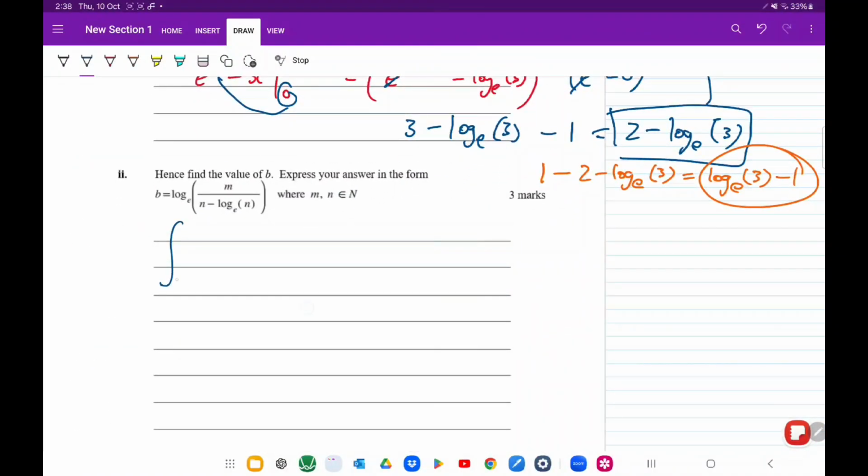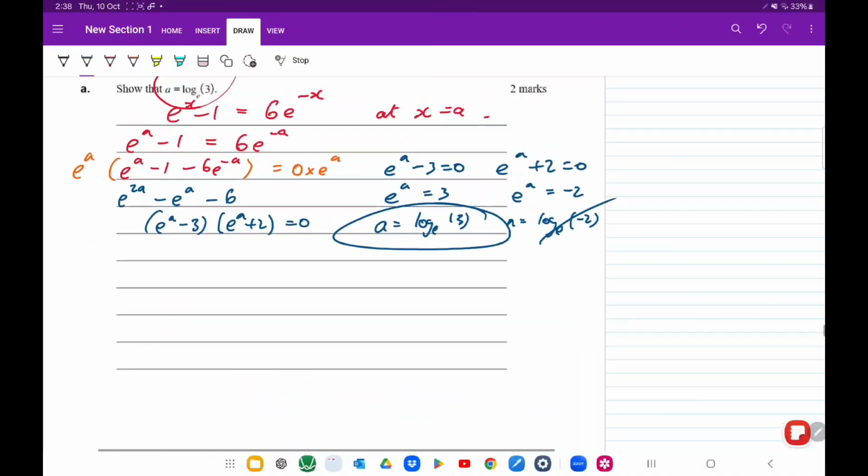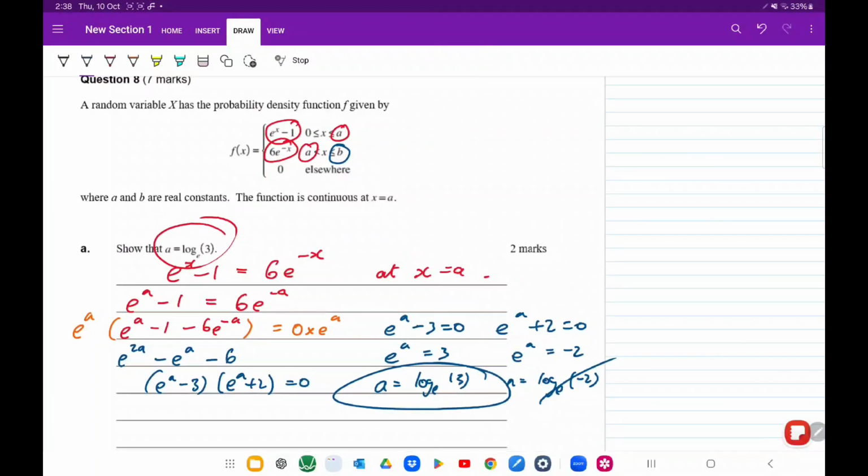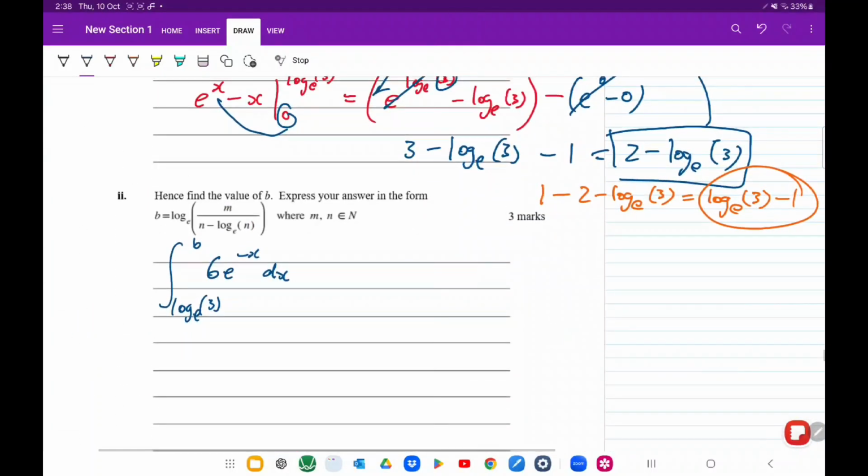We've got the integral from log e 3 to b, and the function we're dealing with is 6e to the power of minus x dx. What does that area equal? That area equals log e 3 minus 1. Let's evaluate this.